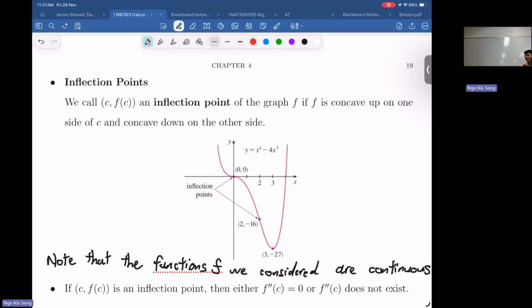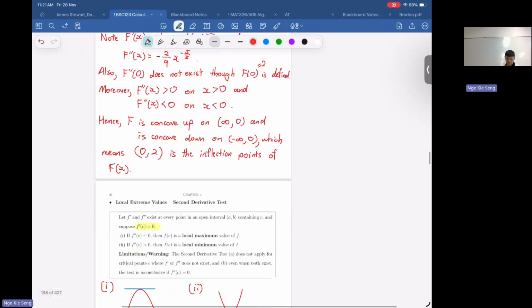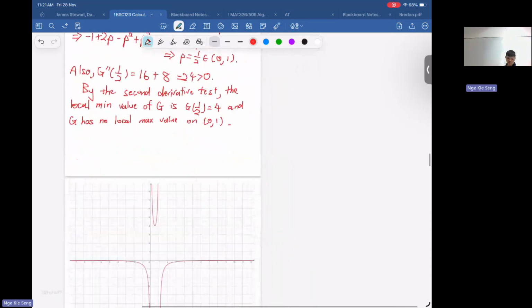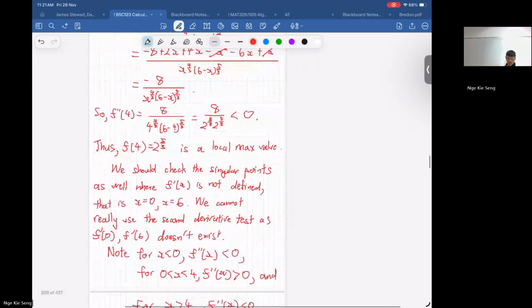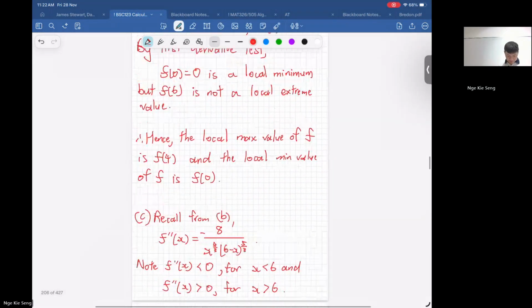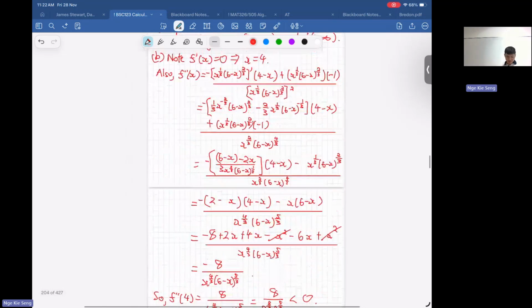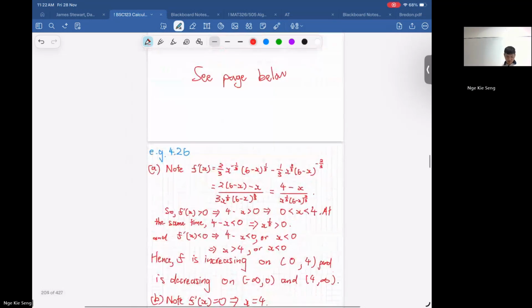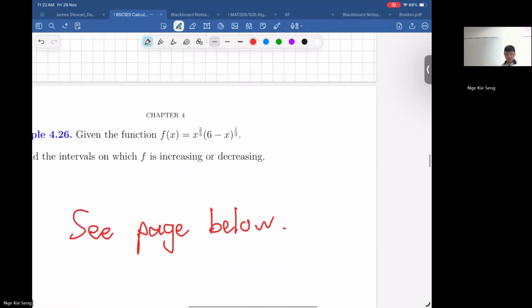It's not about the second derivative existing. So there's something wrong with our calculation, I think. Is the calculation wrong here? Maybe let's use a computer to calculate, see if I get it wrong.